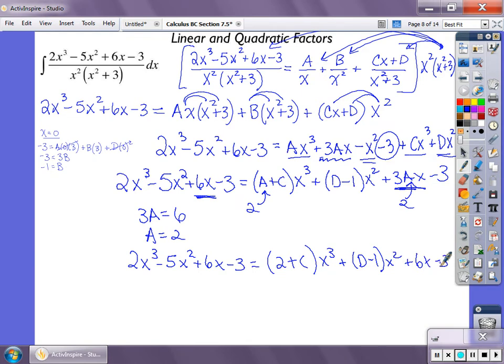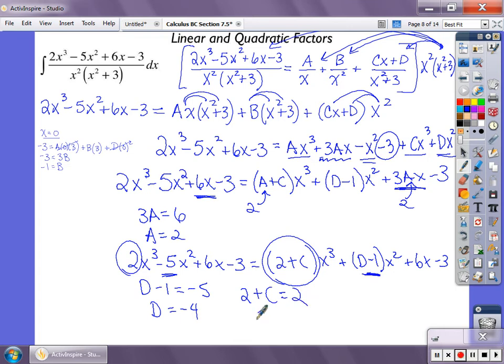I also see that d minus 1 from the x squared must be negative 5. We like that a lot. d minus 1 equals negative 5, so d must be negative 4. And also, 2 plus c must equal 2, and so c then is 0.